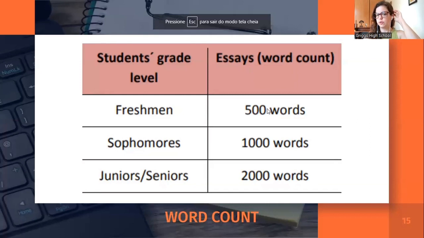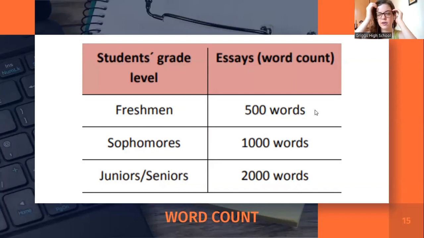So usually, health students are freshmen. If that's the case for you, they're going to write 500 words. One essay, 500 words, which is not a lot. And even when they're freshmen, this is pretty possible.